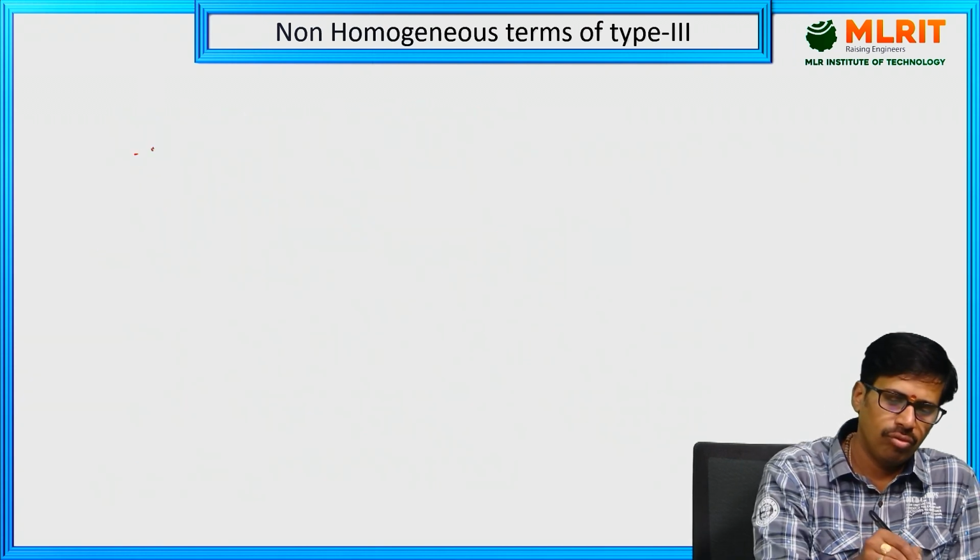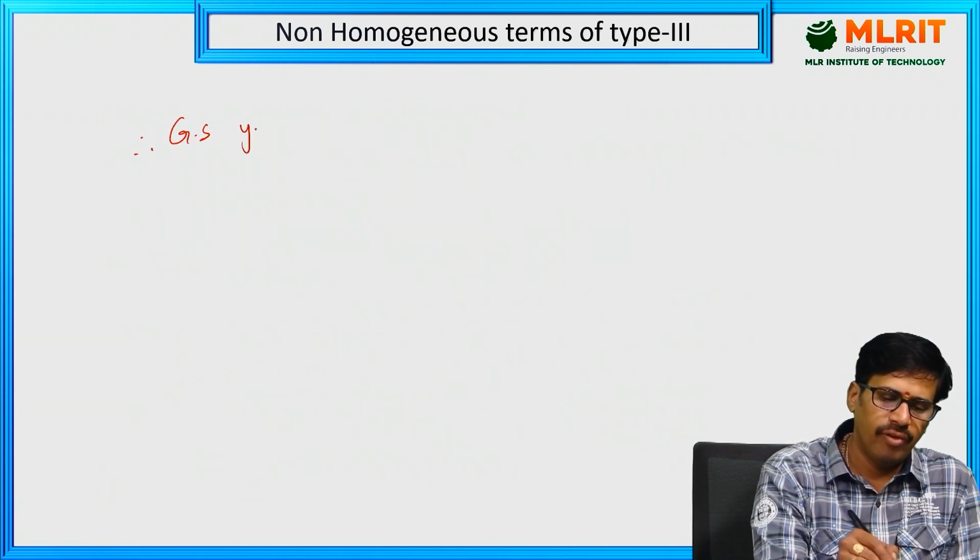So therefore the general solution is y equals yc plus yp.